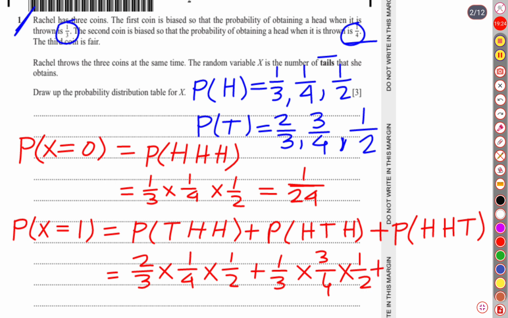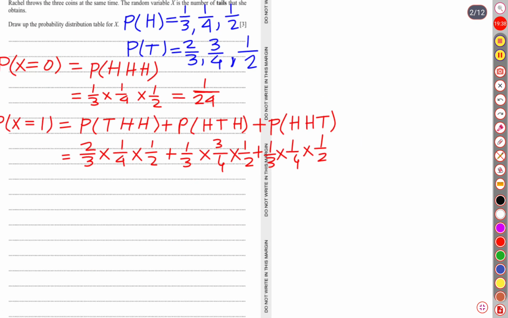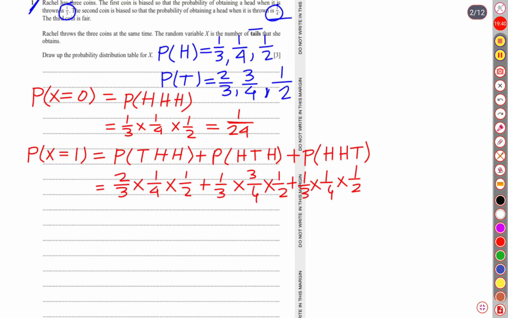If the first two are heads, then it is 1/3 into 1/4, and the final one is fair, so it is going to be half. So finally our probability is going to be, denominator is 24 in each case, so this is 2, 2, 3, 5, 5 over 6. 6 over 24 means 1 over 4. Let me write just beside this, equal to 1 over 4.